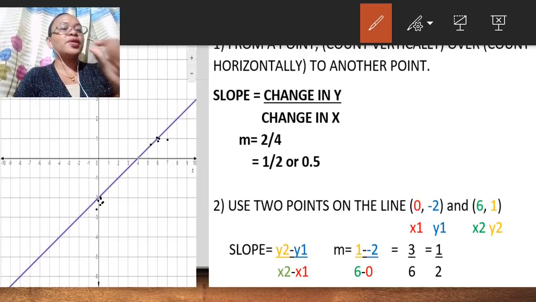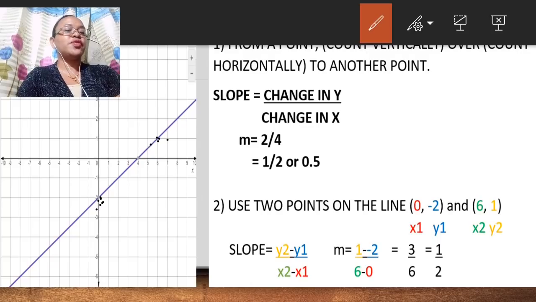So how about if you interchange it, like the 6, 1 will be your first point, and then the 0, negative 2 will be your second point? It's okay. You will get the same answer as long as you will not mix up the numbers. Just label where is x1, where is y1, and where is x2, where is y2.